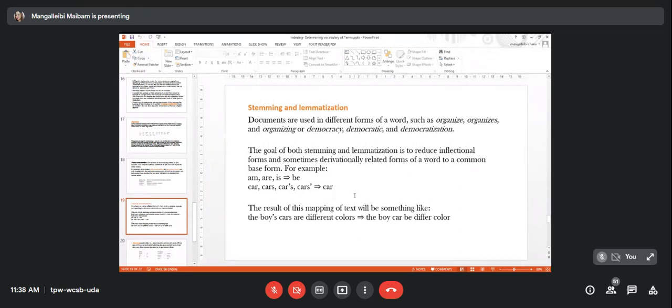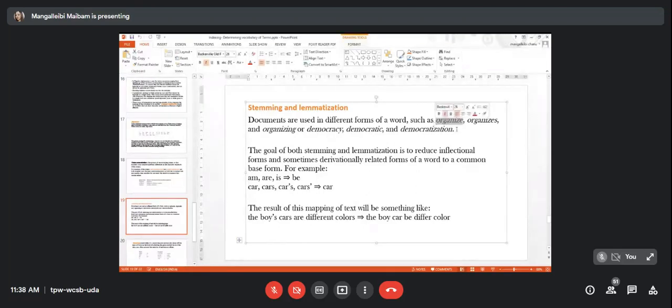Organize is the base form. So when you write organizes or organizing, these two words will be mapped to organize, because with language identification we have normalized this word and its different forms.